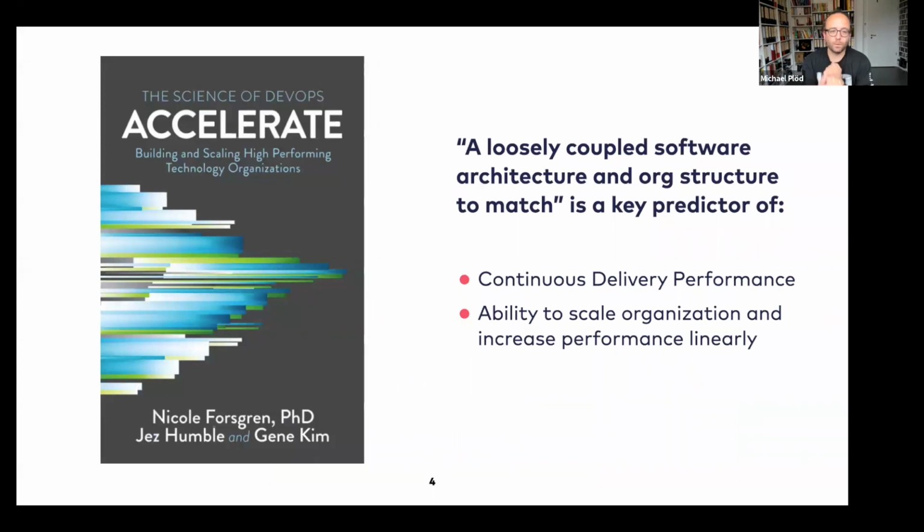One of the quotes that you will see in about 20 other DDD presentations by various speakers is this: "A loosely coupled software architecture and an organization structure to match is a key predictor of continuous delivery performance and the ability to scale the organization and increase performance linearly." And basically, this is pretty much what strategic domain-driven design is all about.